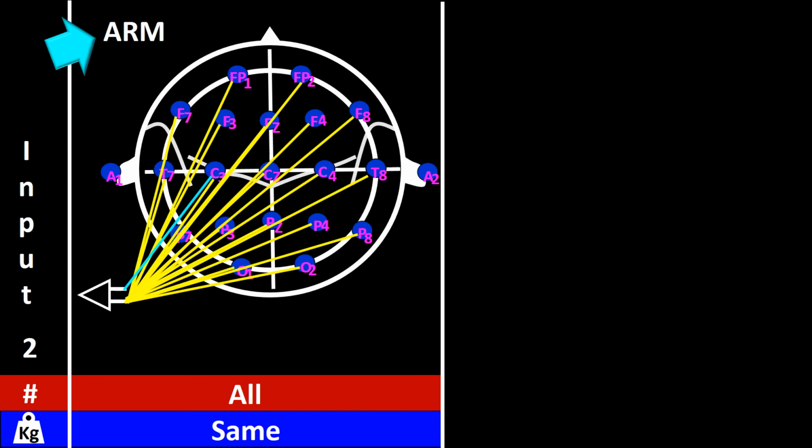As you can recall from a few seconds ago, when we were talking about average reference montage, indicated in this frame by its initials, AR M, the number of electrodes connected through input 2 includes all electrodes, and all electrodes contribute the same to the reference.